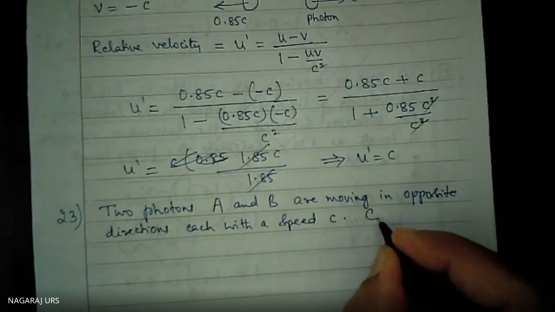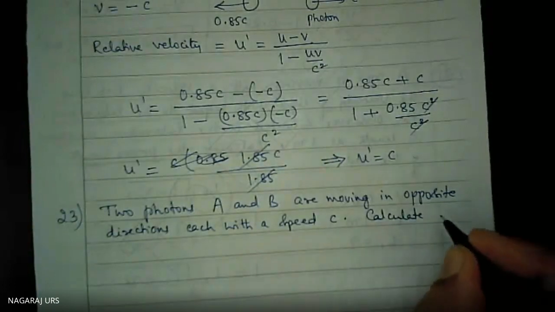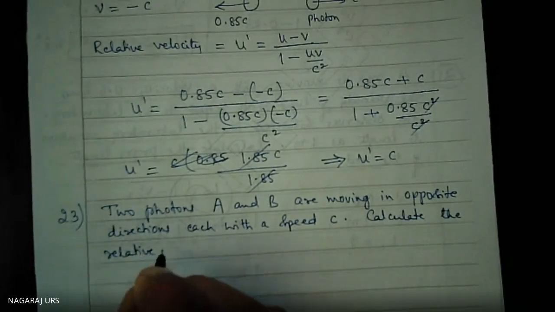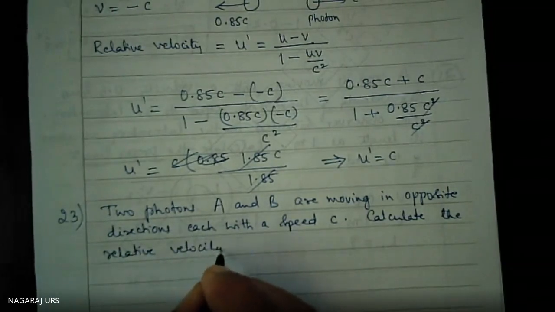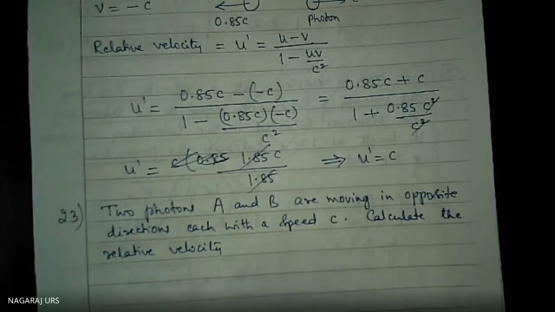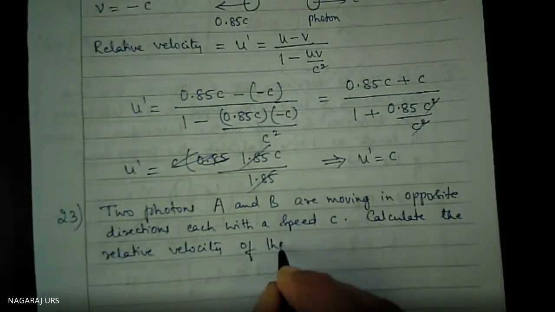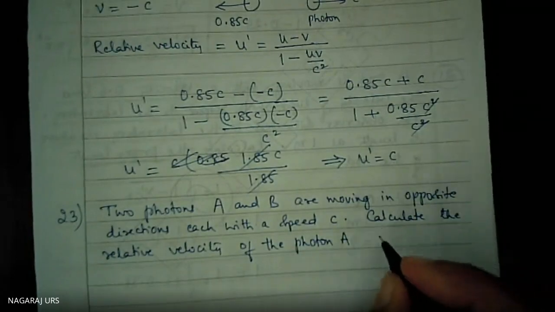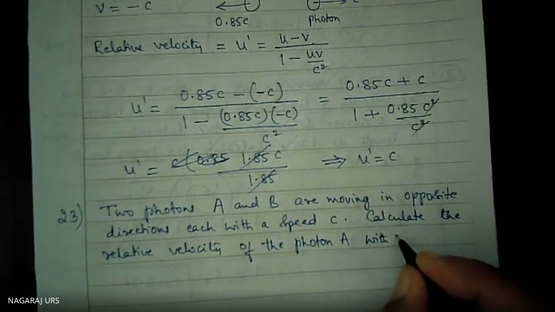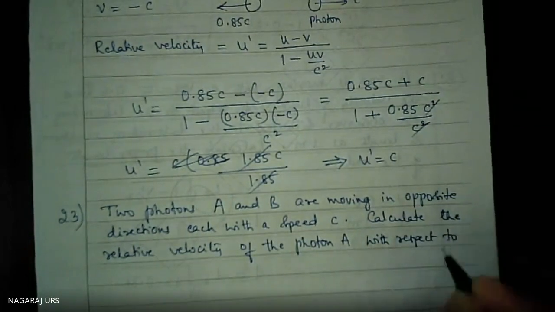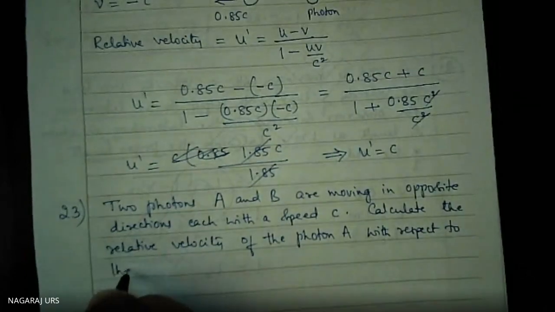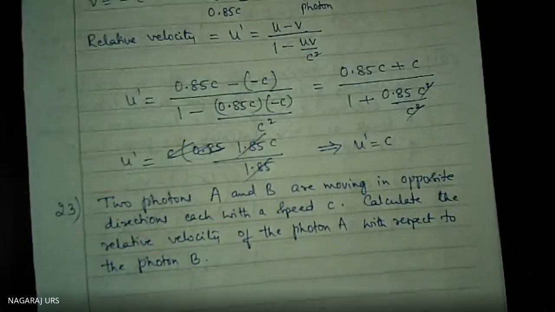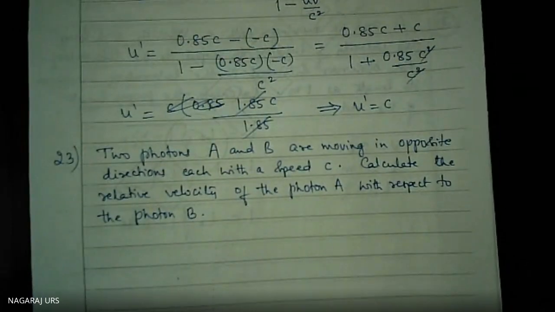Calculate the relative velocity of the photon A with respect to the photon B. With respect to the photon B.